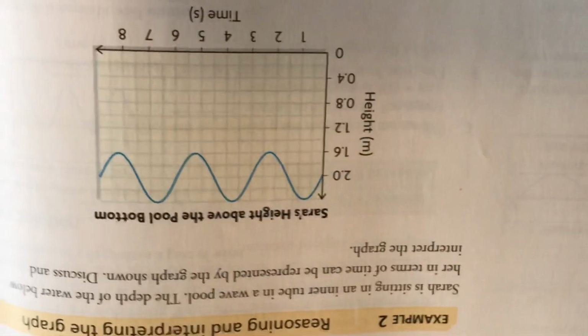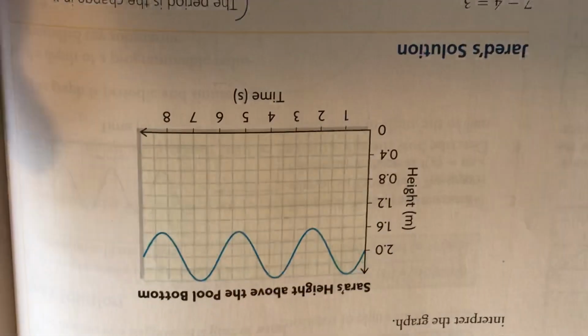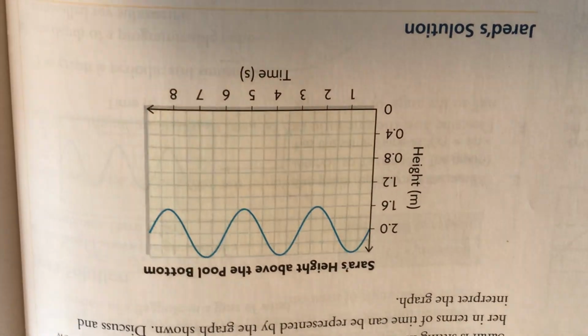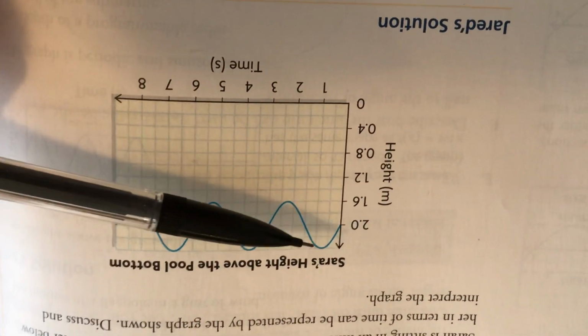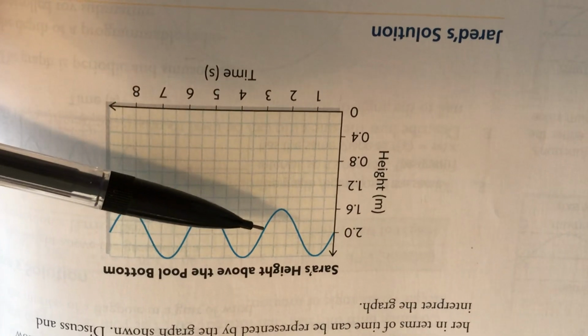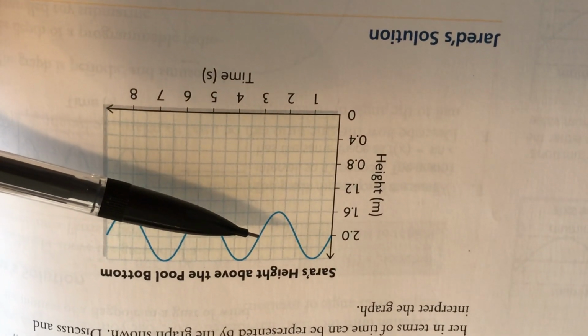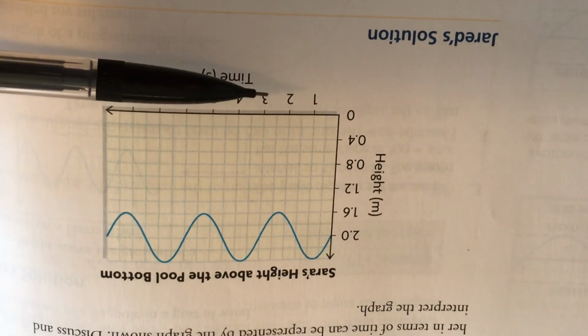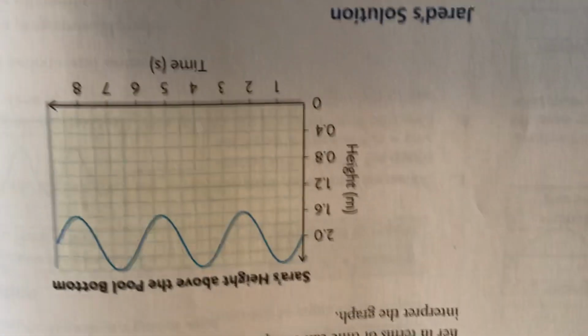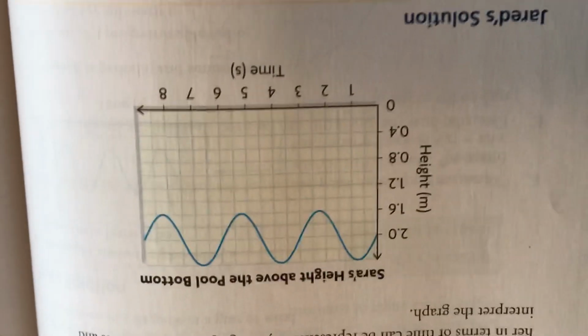The first thing we're going to look at is the period, the time it takes for one cycle to start and finish. If the cycle starts here, the wave pool goes up, down all the way, and then one cycle stops right there. And if we go down, we can see that that happens at 3 seconds. So the period, or the time it takes for one cycle, is 3 seconds.